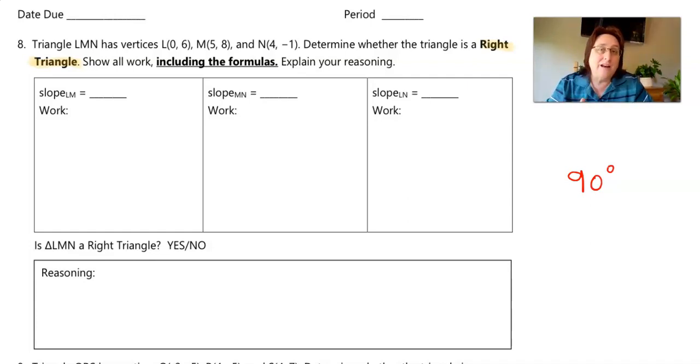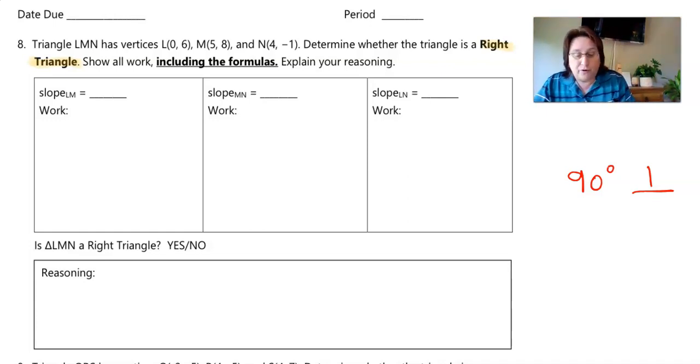So if it has a 90-degree angle, well then 2 of our sides must intersect, they must be perpendicular. And if we're asked to find the slope, then we can use the slope to tell whether or not we have 2 lines that are perpendicular. Okay, well, let's give it a try.